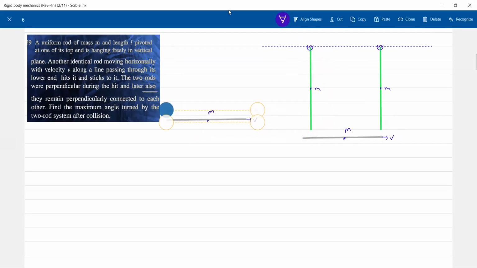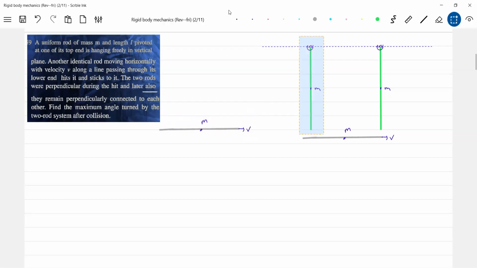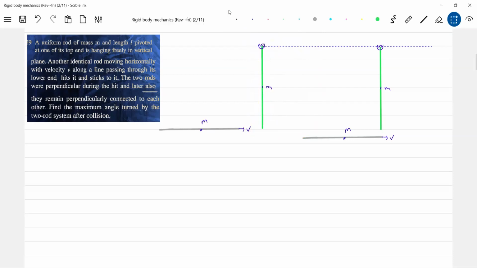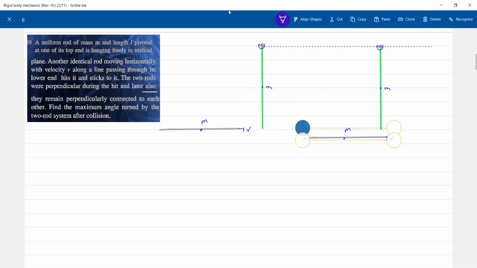I'll move a little bit here. I'm helping you with the diagram. At least now you should get that they'll collide.